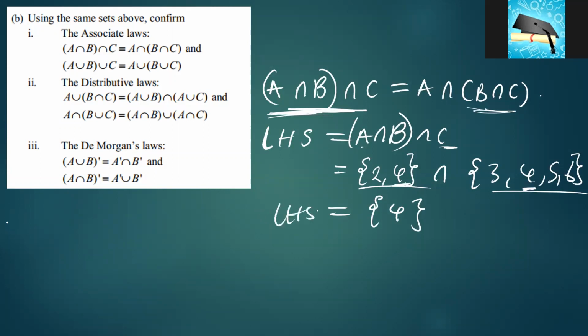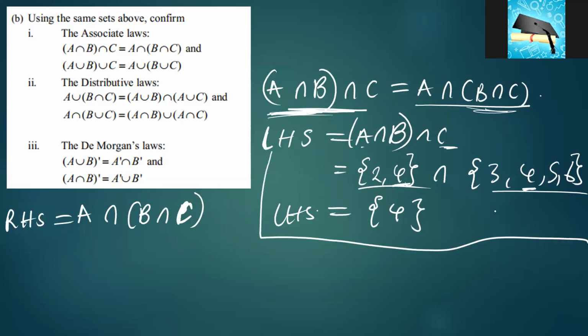So let us also take the right-hand side. The right-hand side is just what we have on this side. So we also start by dealing with what is in the brackets first. So we start with B intersection what? We start with B intersection C. Let me demarcate here so that we don't confuse the two.